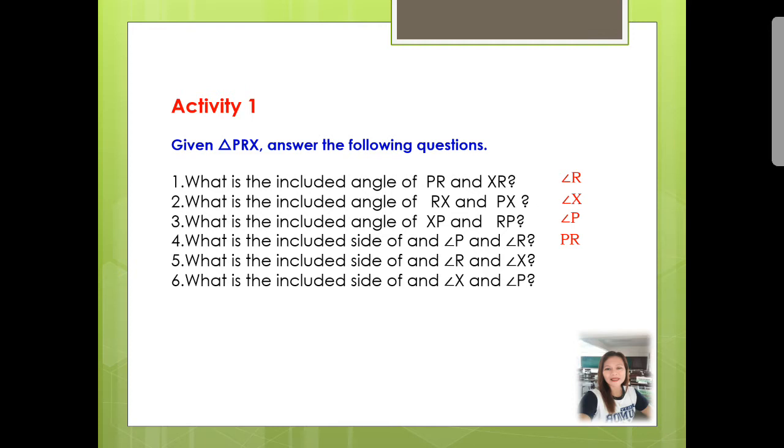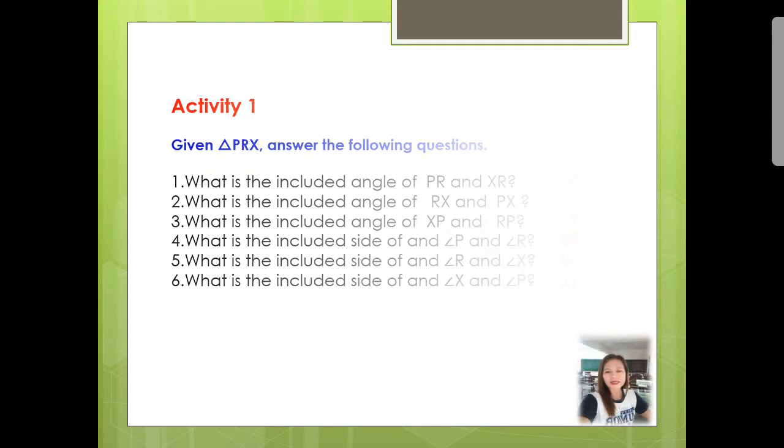The answer is side RX. And for number 6, what is the included side of angle X and angle P? So, side XP.